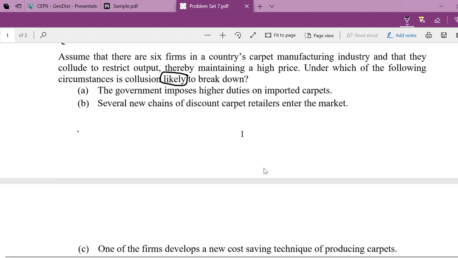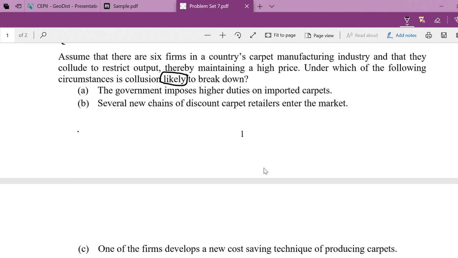So A, the government imposes higher duties on imported carpets. What did you say, sorry? Yeah, I think so. It breaks down. Let's go back to the thing about tariffs. When they impose duty on imported carpets, that means a tax on imported carpets, so the imported carpets become more expensive.